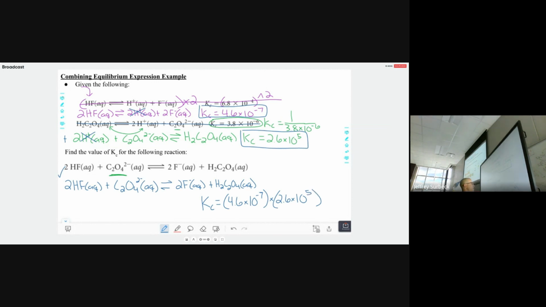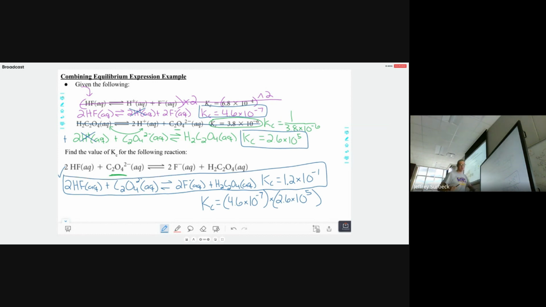I'm going to write my Kc up here. In my calculator, I take 4.6 times 10 to the negative 7th times 2.6 times 10 to the 5th, and I get a value of 1.2 times 10 to the negative 1st. So this whole thing would be my K value of the equation I've just taken into account.